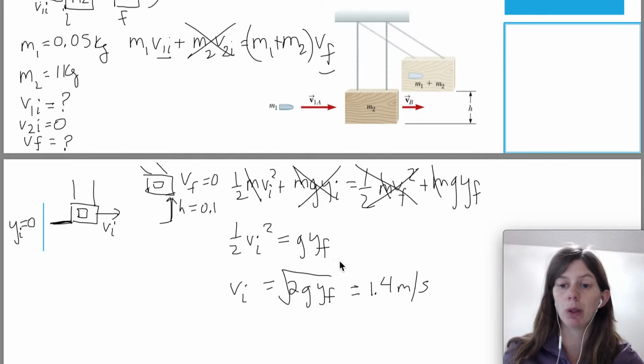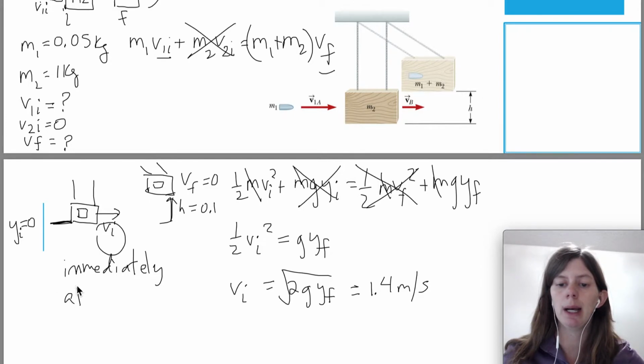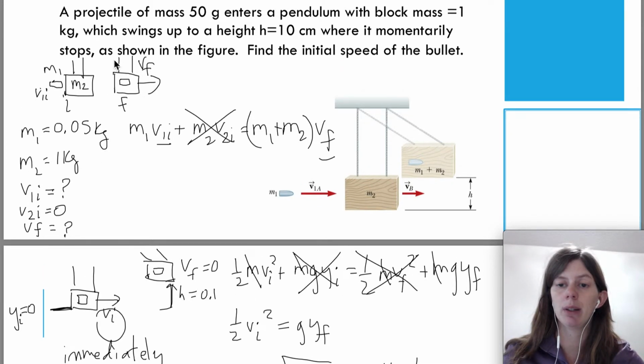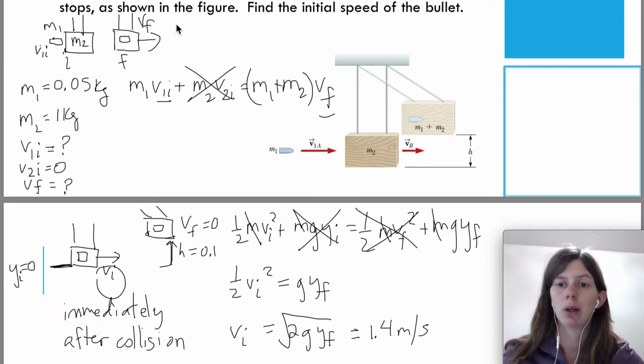So now what do we do? Well, we just found what was v initial, but remember, v initial was the speed immediately after the collision, and I have to write this down because a lot of students get confused. Well, now let's go back to our collision. You see how this scenario right here was also immediately after the collision?